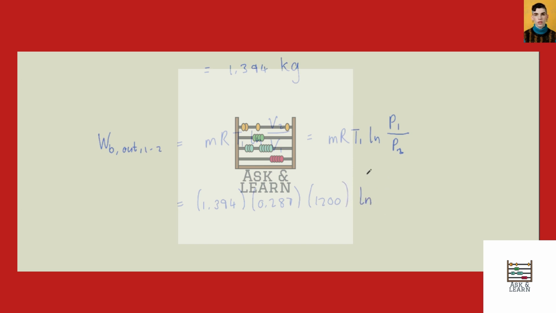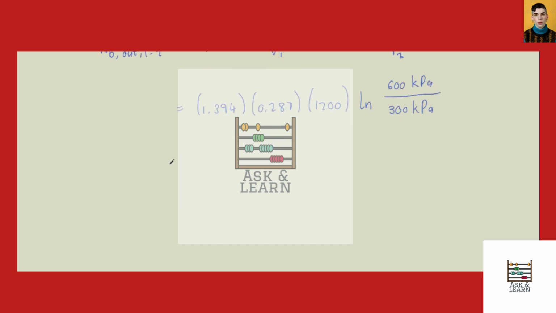Times the log of P1 over P2. So that's 600 kilopascals over the pressure in state 2, which is 300 kilopascals. And so if we perform this calculation, we get that the boundary work is 332.8 kilojoules.